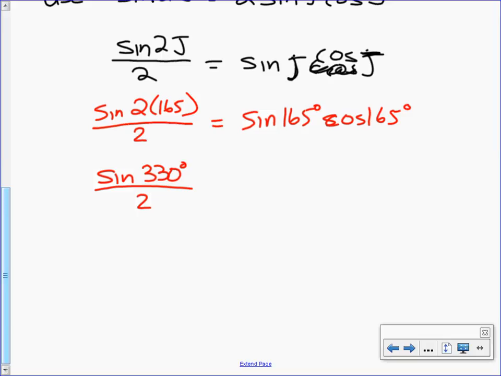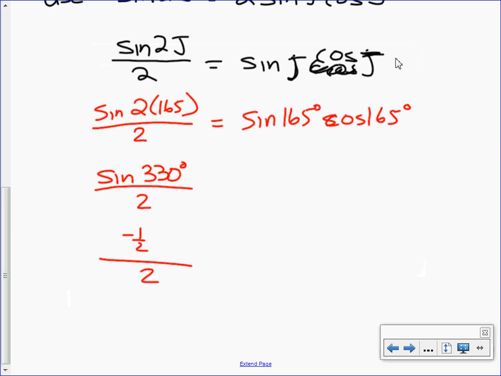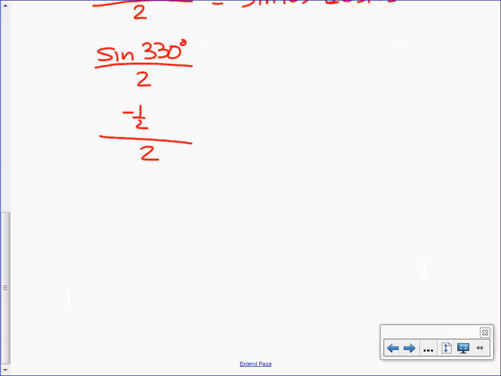Basically solve. Sine of 330 is negative half. So this is negative 1/2 divided by 2, which is negative 1 over 4.